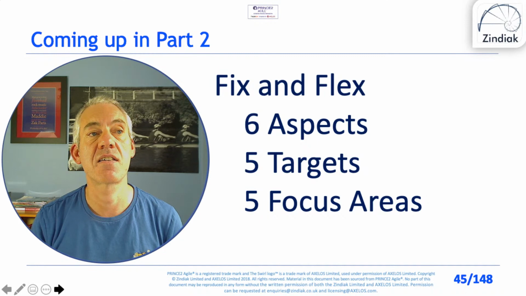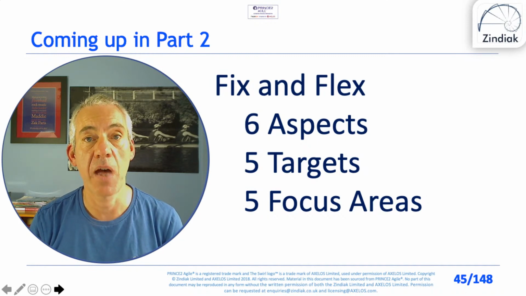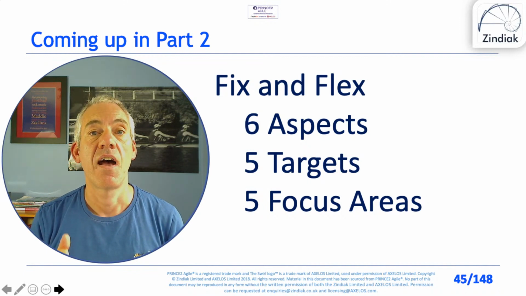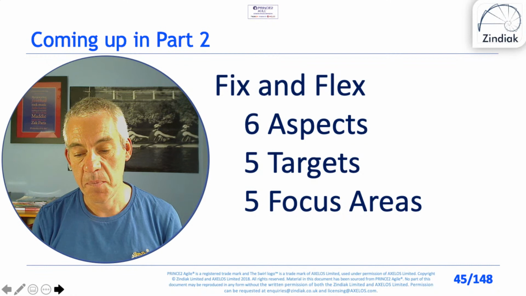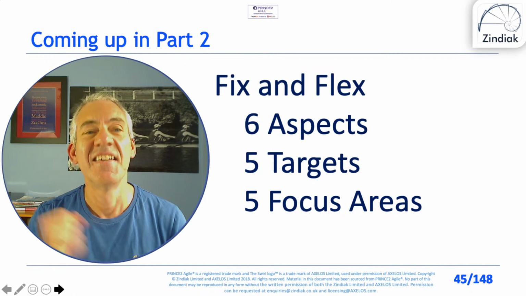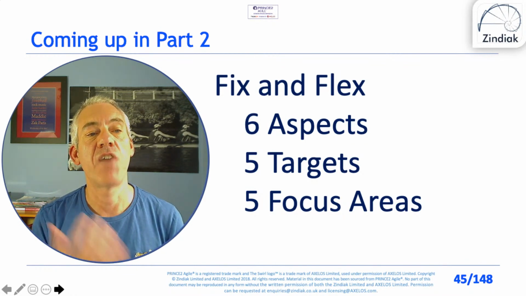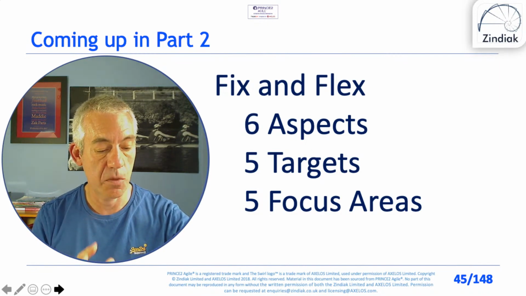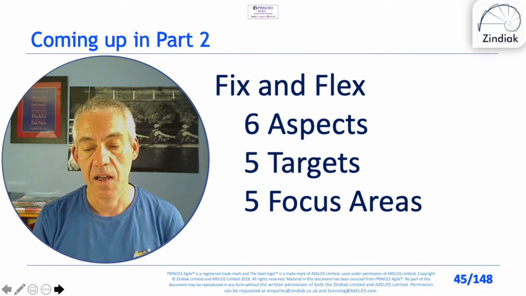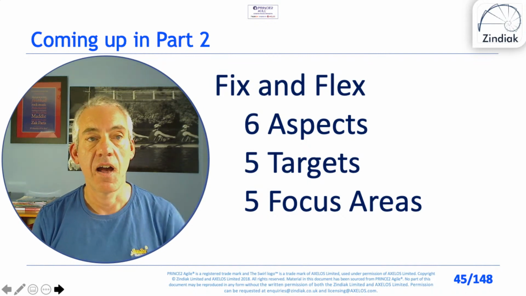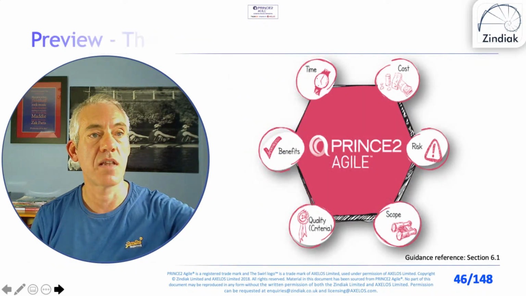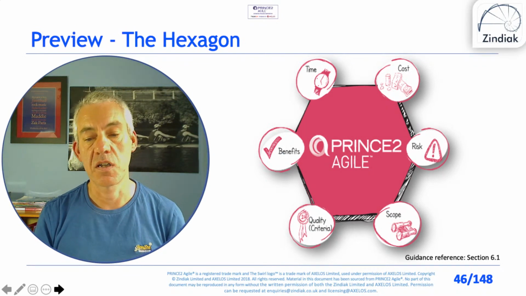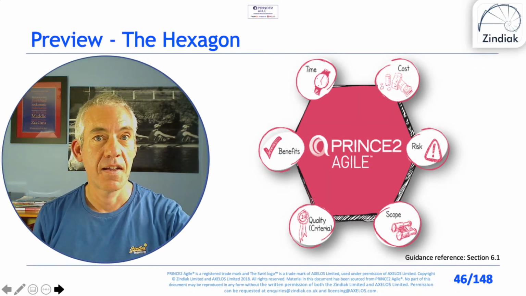We cover fix and flex of the 6 aspects: time, cost, scope, benefits, risk, and quality, and the 5 targets and the 5 focus areas. I'm just looking at my watch. It's coming up to 6 o'clock, so that is the end of my time box. I will just click on to the next one, because that's the hexagon, and that's the core part of PRINCE2. That's what's covered in the second part.